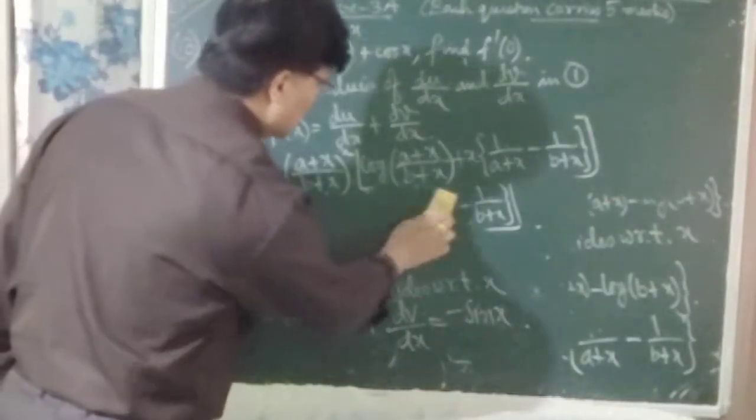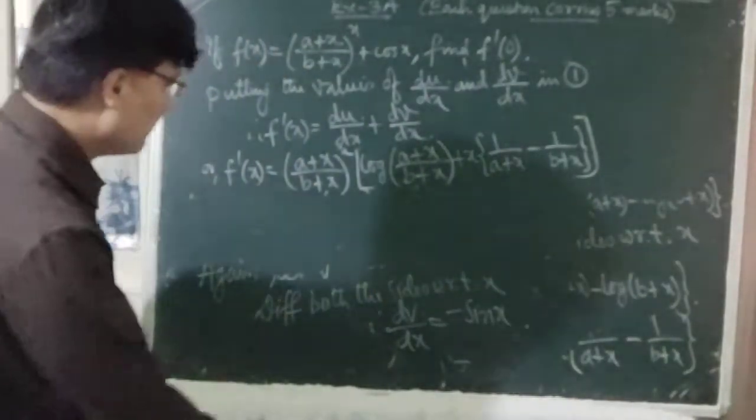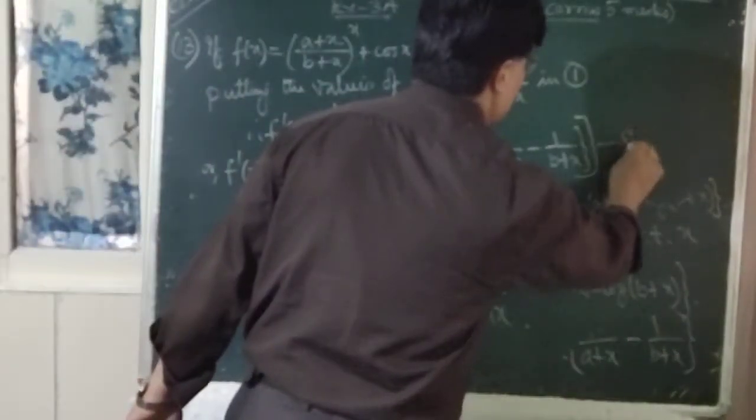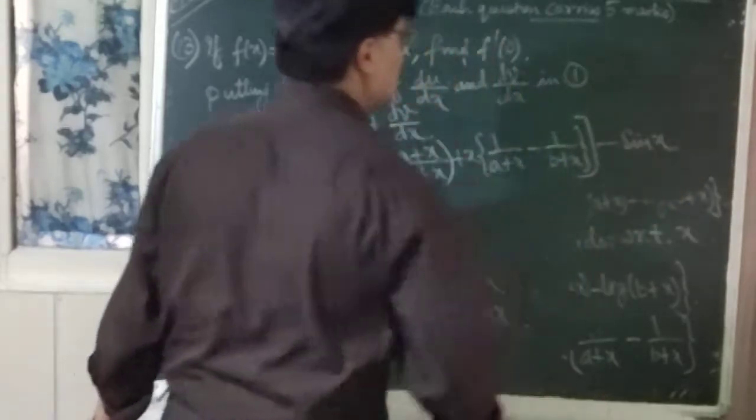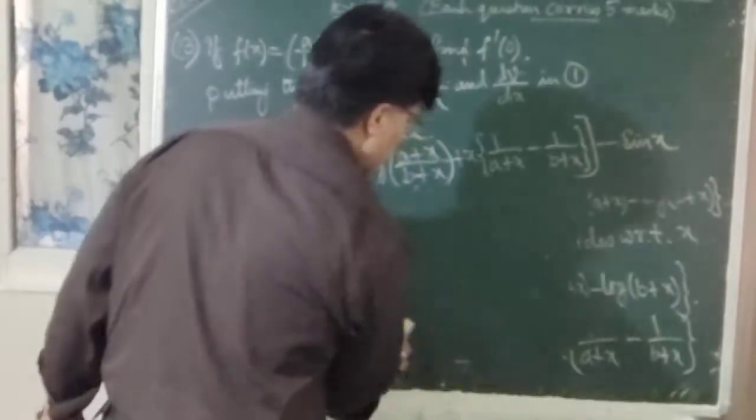So we have put the value for du by dx. And what was dv by dx? It is minus sin x. So this is the value for f dash of x.